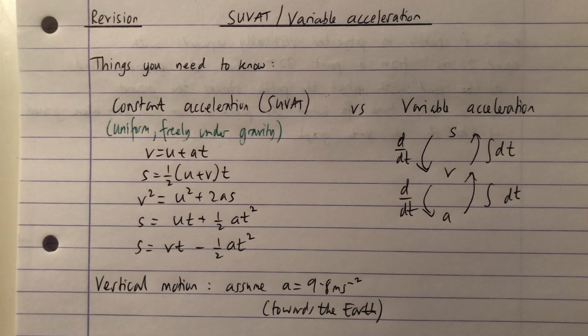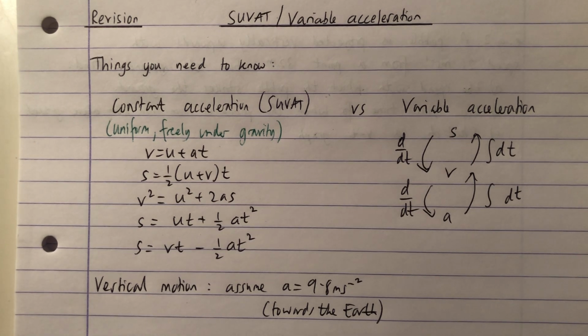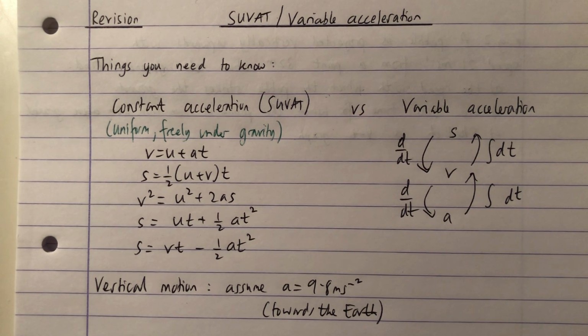And that's pretty much it, I would say. Obviously the velocities and accelerations are vectors and displacement is a vector, so that should make things in theory easier, but you just got to remember they are vectors.